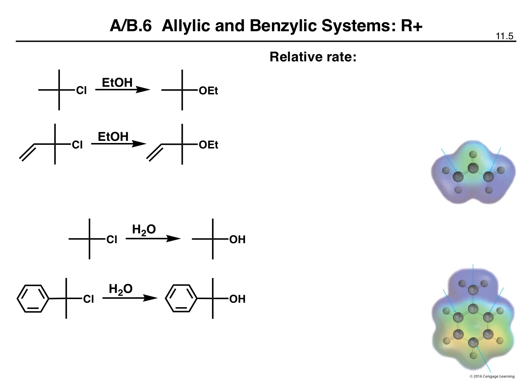Let's continue to look at SN1 substitutions. Here we again have a tertiary alkyl chloride. We're treating it with ethanol, and we get SN1 substitution leading to the ethyl ether as the product. Here we also have a tertiary alkyl halide, and when this is treated with ethanol, you will get the related product.